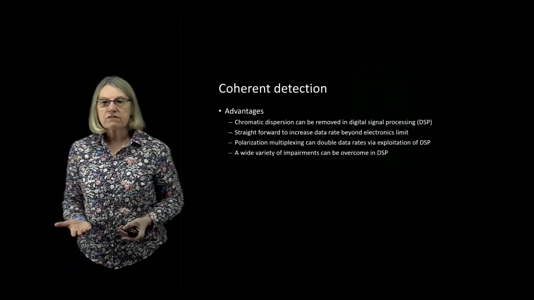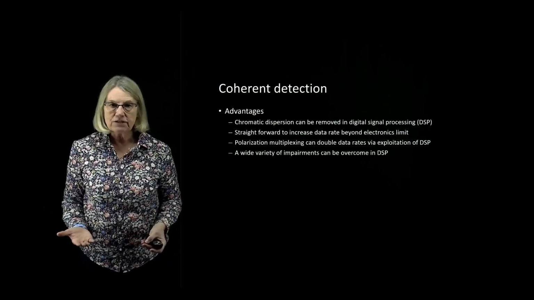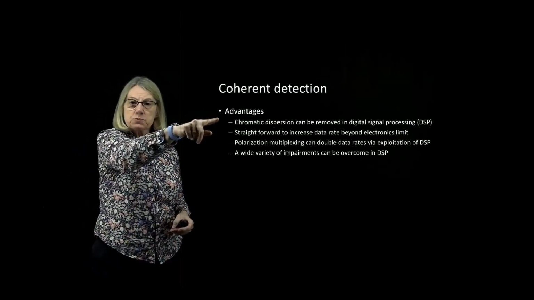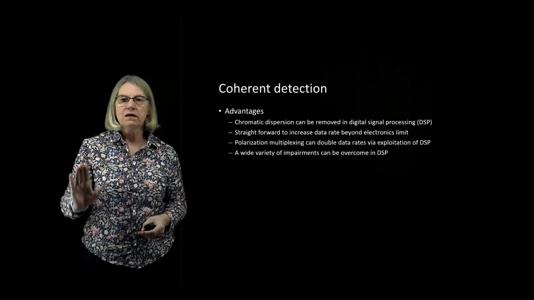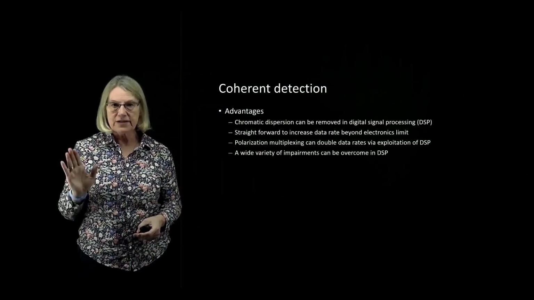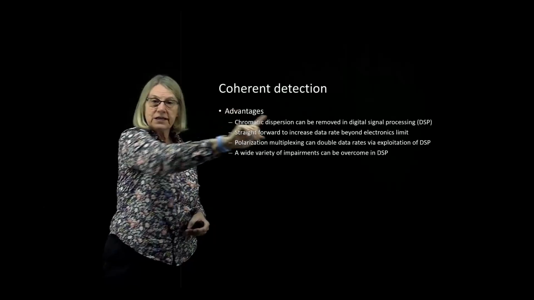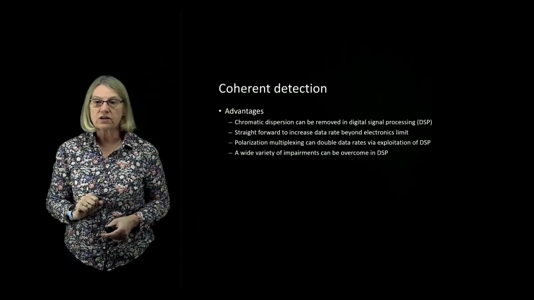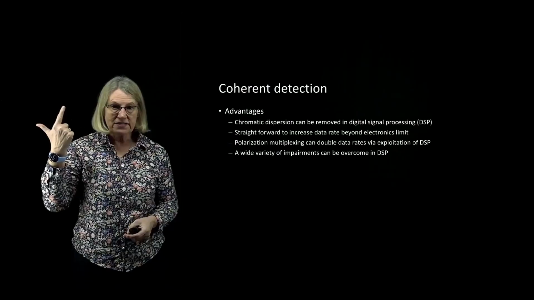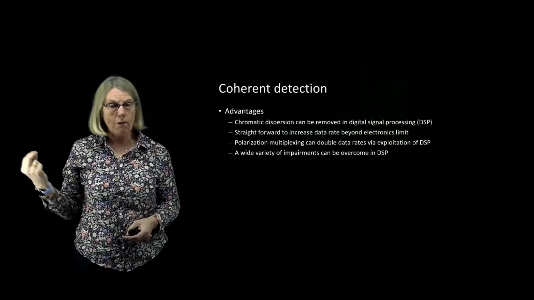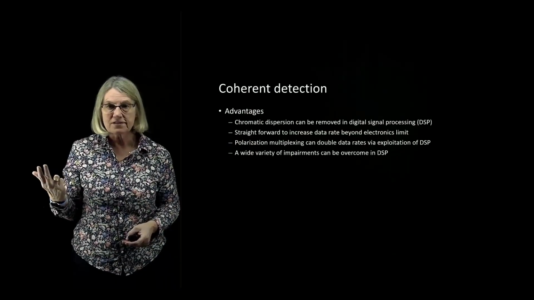So the advantages of going with coherent detection is that chromatic dispersion is a deterministic effect in the fiber transmission, and it can be completely removed with digital signal processing. And in terms of bulky, expensive, and inconvenient, all those things go away with digital signal processing.